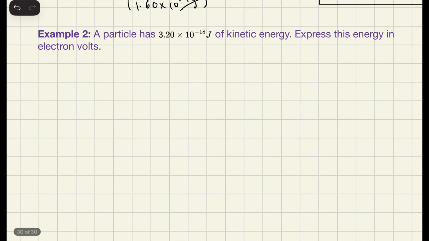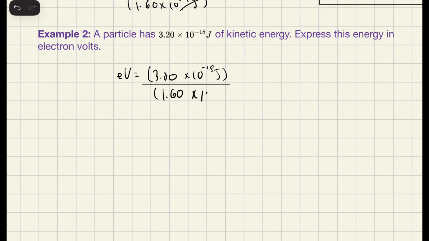So it's just going to be EV is equal to the given energy, which would be the energy gained, divided by the energy involved in 1 electron volt. That's 1.60 times 10 to the negative 19 joules. And when we plug that in, we get about 20 electron volts of kinetic energy.